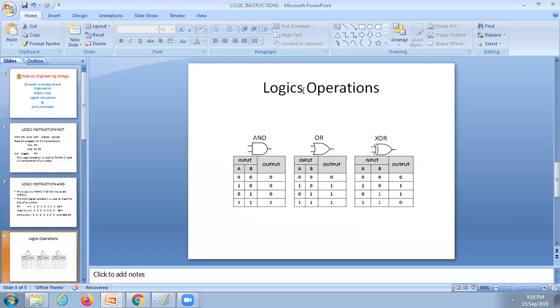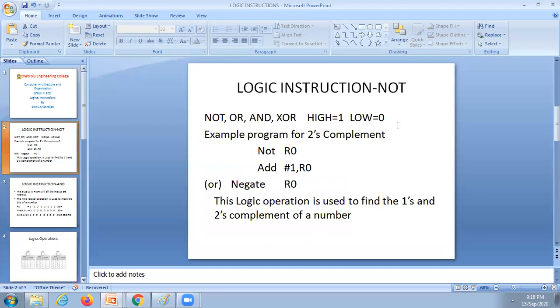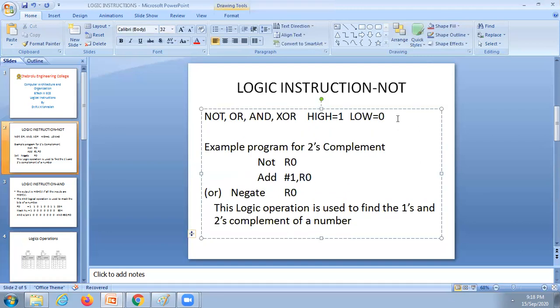In the case of NOT operation, if input is 0, then output is 1, and vice versa.